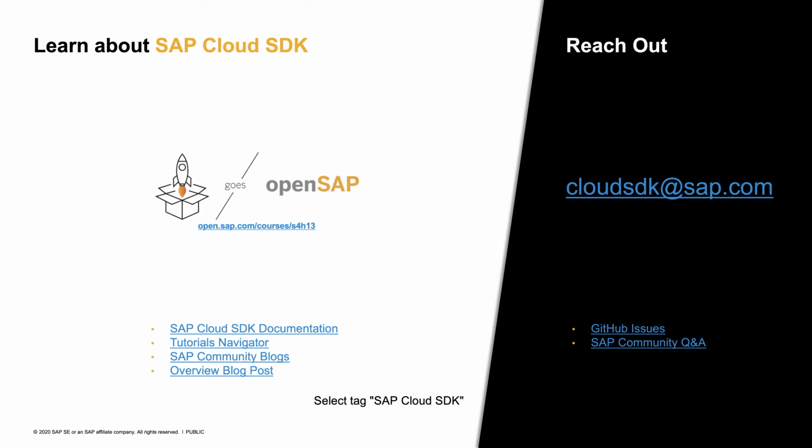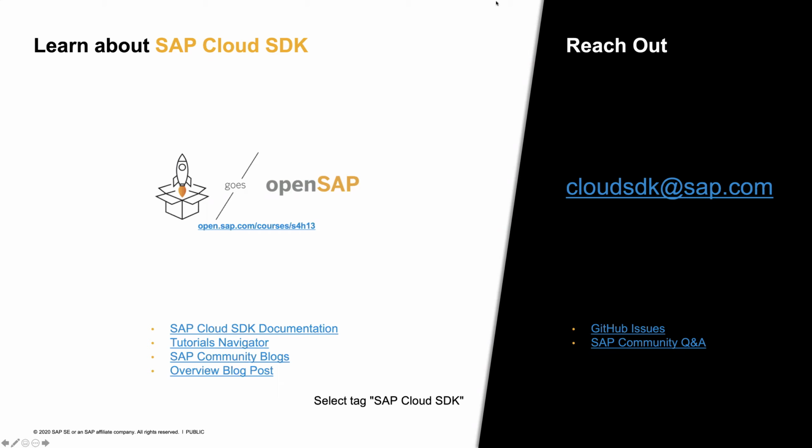There are also some other resources in the SAP community area. We keep posting blog posts about interesting things that we do. And of course, moving to the right, you can reach out to us again using the SAP community Q&A space, or by contacting us on our email address like listed here.